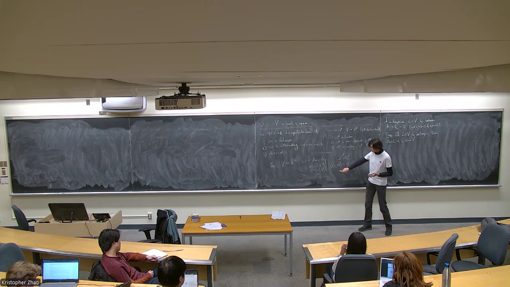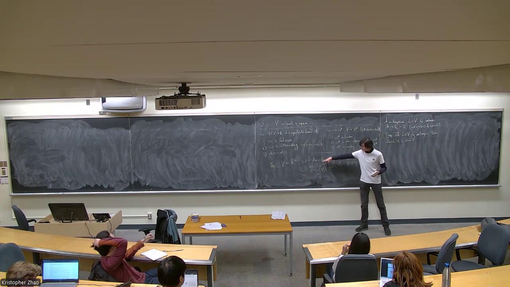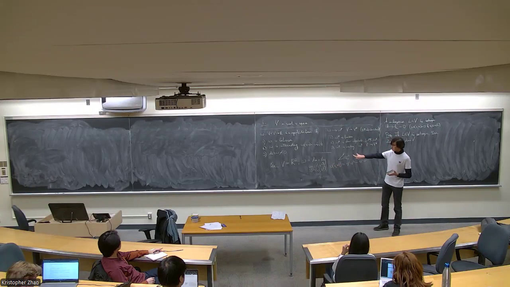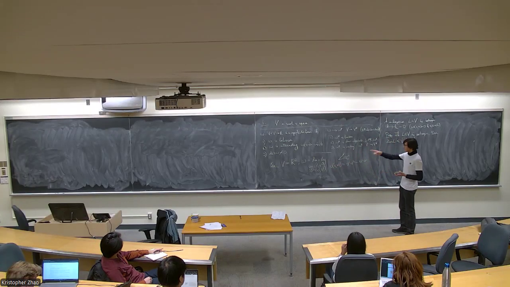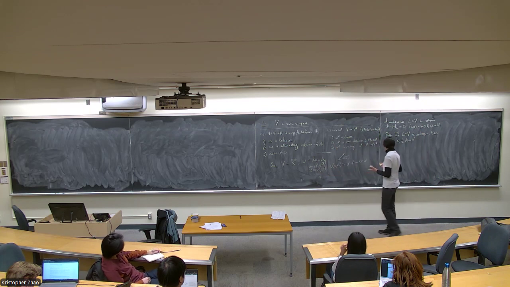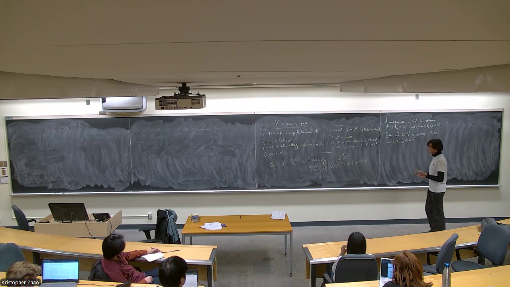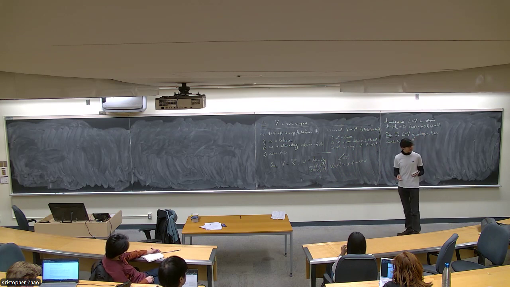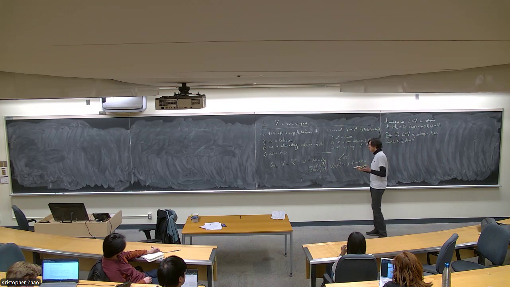We take the x component of this, multiply by the y component of this, and then you alternate. That's why I write wedge there.